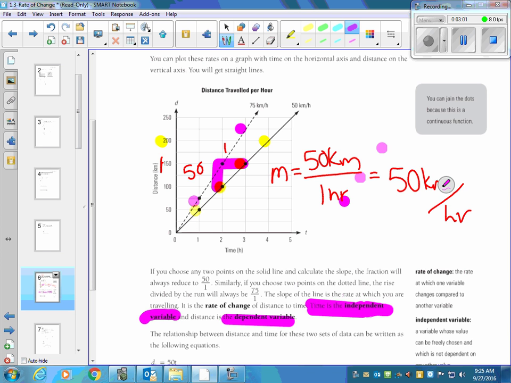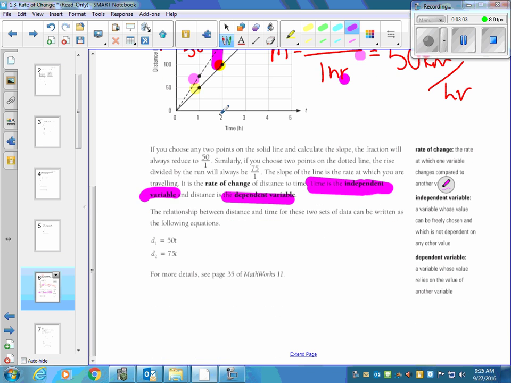Now, you can come up with equations of y equals mx plus b. M is the slope, and then y and x, it depends on what your variable is. So for example here, time is our x variable, so we're going to put t in for x, m in for slope, as well as d in for y, because d is our y value.